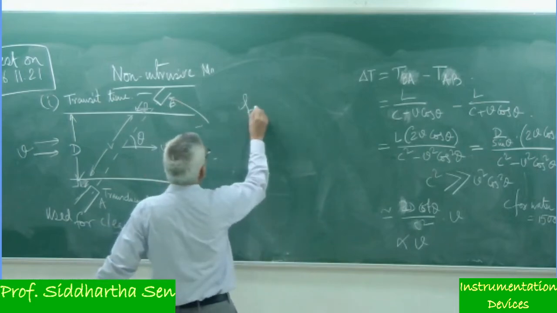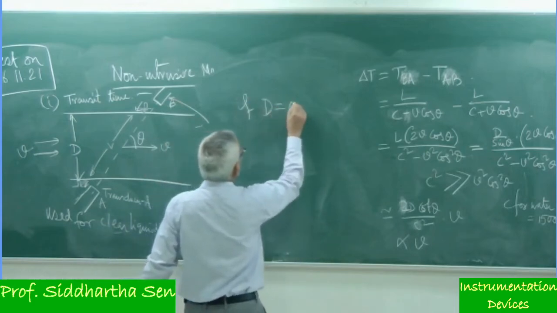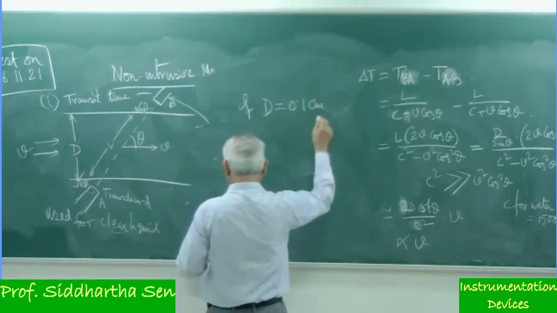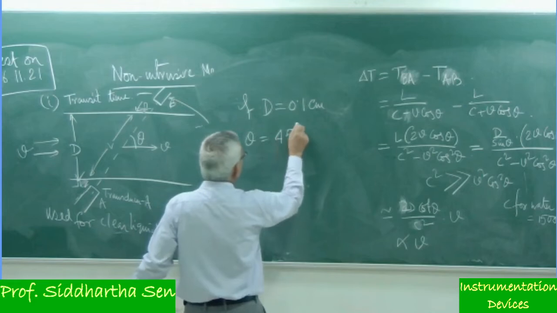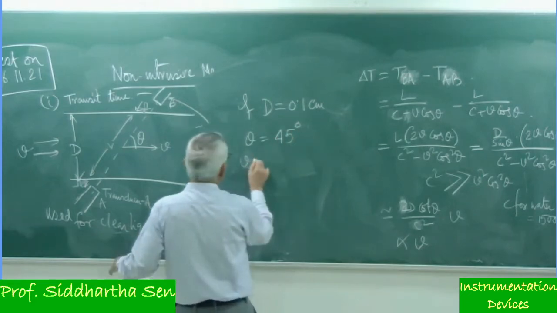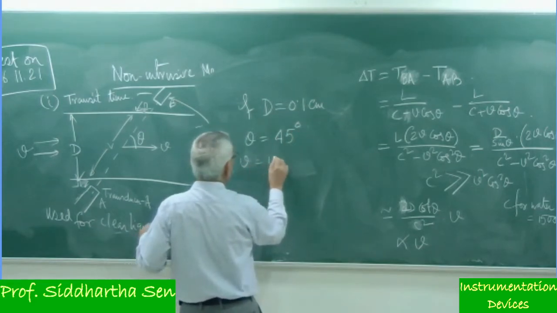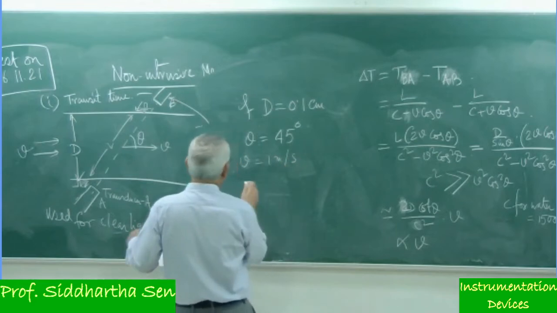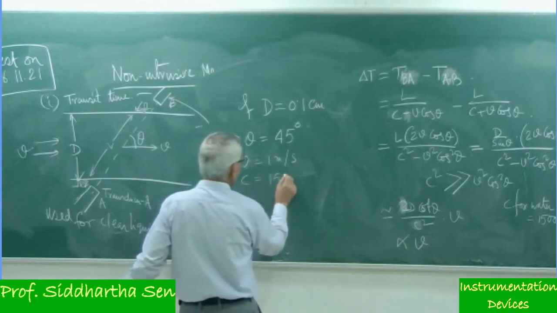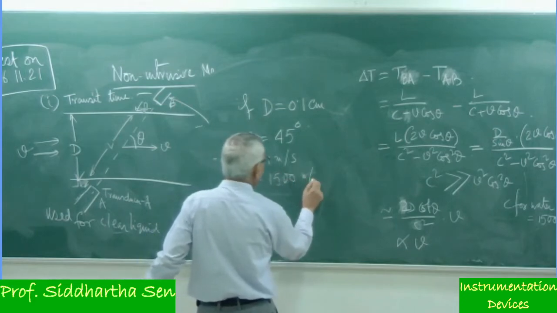You will be surprised to see the level of delta T we require. If d is equal to 0.1 centimeter, theta is equal to 45 degree, v is equal to 1 meter per second, then c is equal to 1500 meter per second.